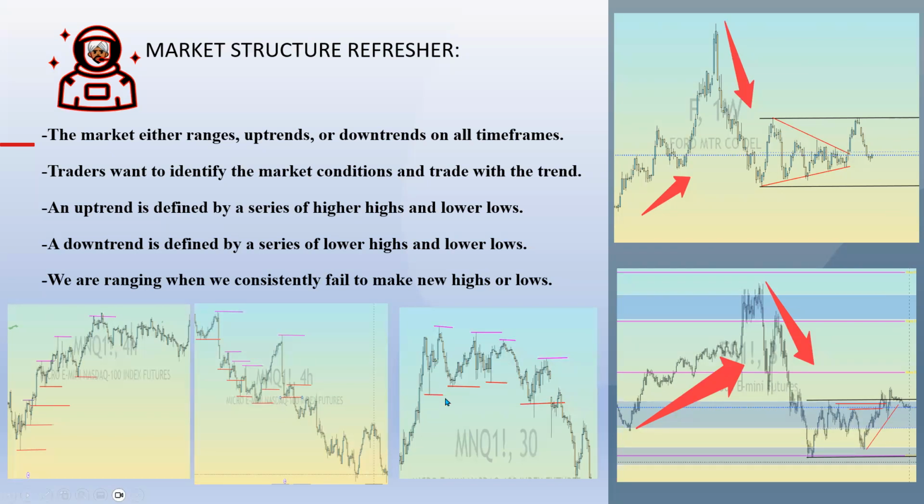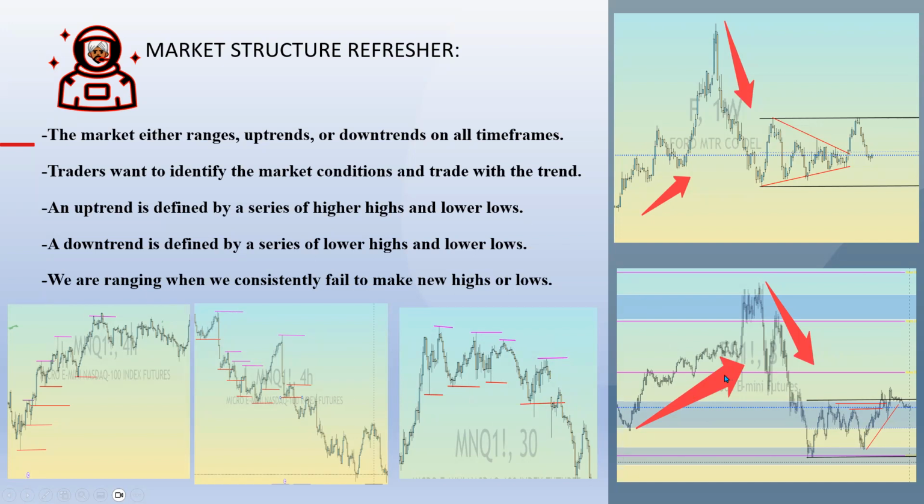Even here on NQ, you see us ranging on the 30-minute, consistently failing to make new highs or lows. But once we finally break all this support, and then come up here and fail to hit all this resistance, we start dumping. So when we're ranging, I am paying the most attention because I know we're about to make a big move, most likely to the downside or upside if we're in that trend.